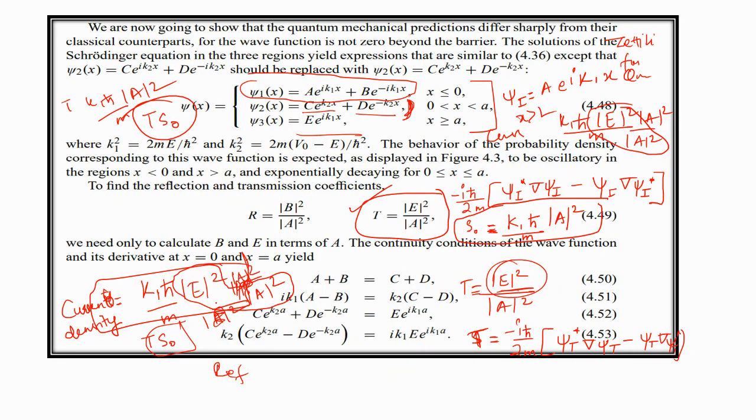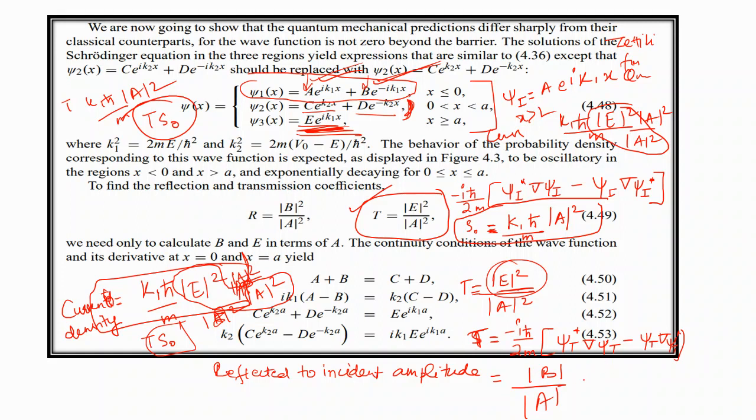So this is incident, this is reflected, and this one is transmitted, and the amplitude of incident is A and the amplitude of reflected is B, so B by A, right?